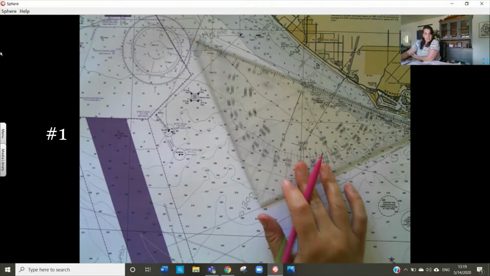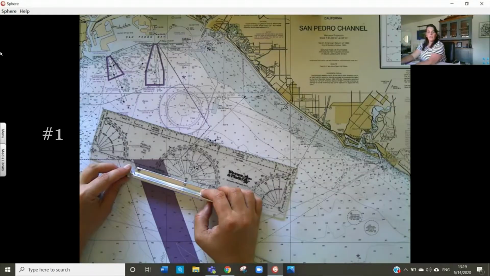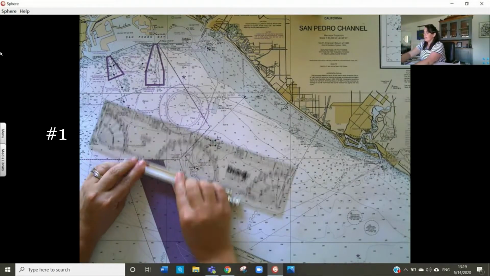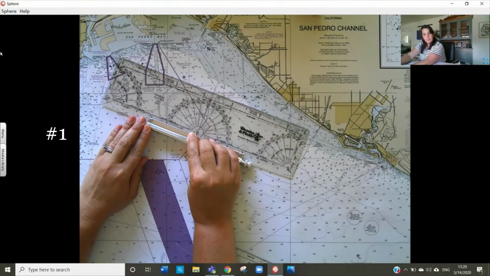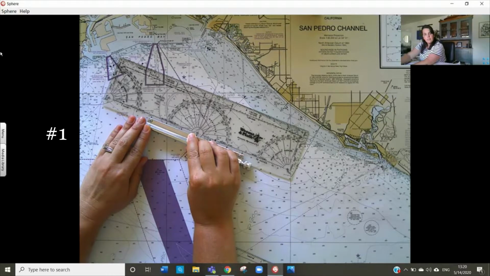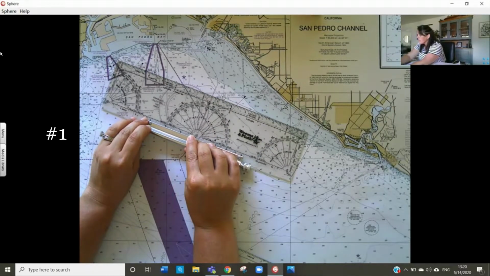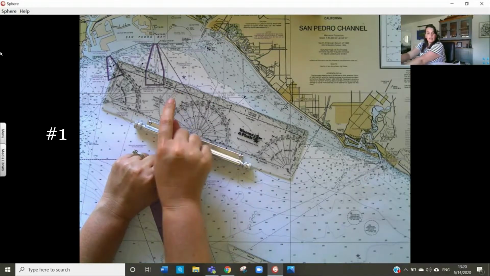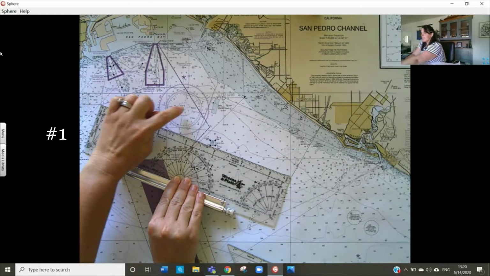Okay, so now let's do it with the roll plotter. With the roll plotter, we put the edge or the black line on the line in question. So we line it up there. And then you bring it to the compass rose. This is the closest compass rose, and you bring it to the center.